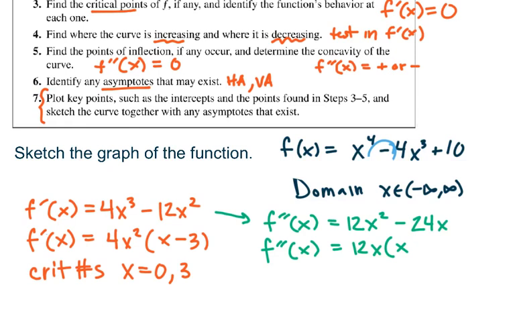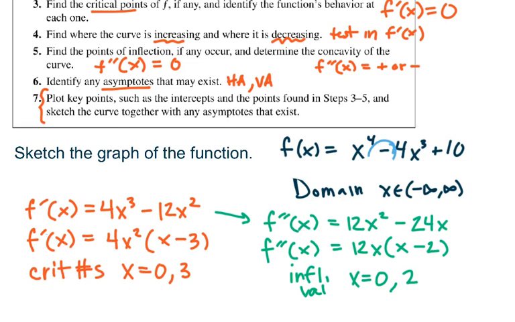It's easier to test in the factored form. So I'll factor out a GCF of 12x, and that leaves me with x minus 2. So my inflection values are either going to be at x equals 0 or positive 2. So these are our two values.